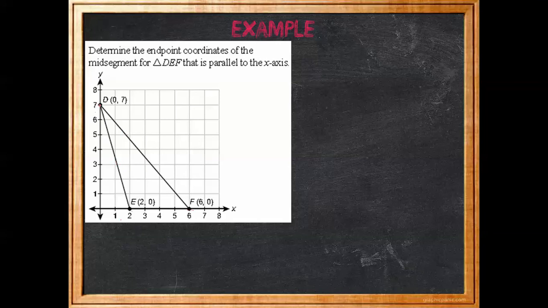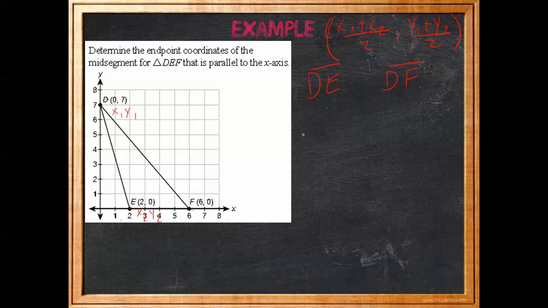We'll use the midpoint formula to find the midpoint between D and E, and then also the midpoint of DF. For DE, remember our midpoint formula is x1 plus x2 divided by 2, and then y1 plus y2 divided by 2. I'm going to label this x1, y1, and this x2, y2.